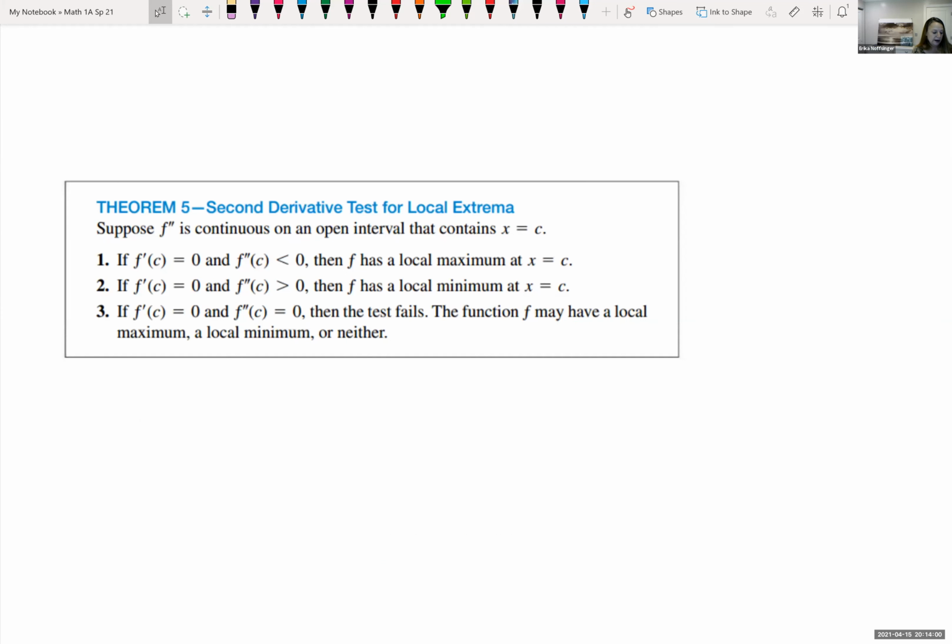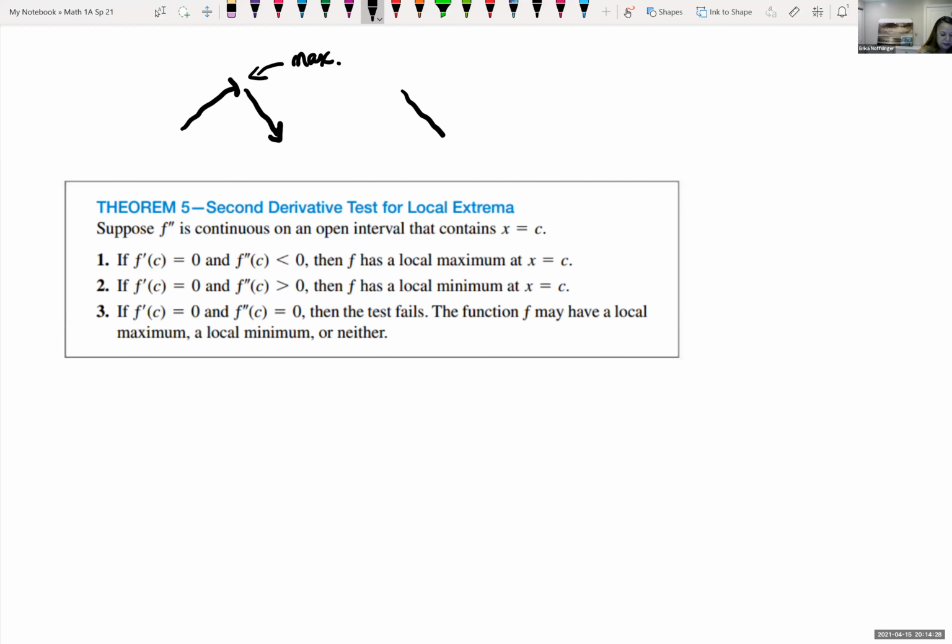Okay, so here is a test to also help us find where we have a local max or local min. Before, when we were finding whether our critical point was a max or min, we found out where it was increasing and decreasing. If we found something that was increasing and then decreasing, we found that a max occurred there.